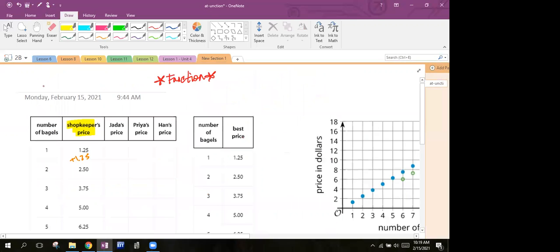So what you have to know is that when you're looking at these tables, your X value is going to be your input, and these Y values are going to be your output.